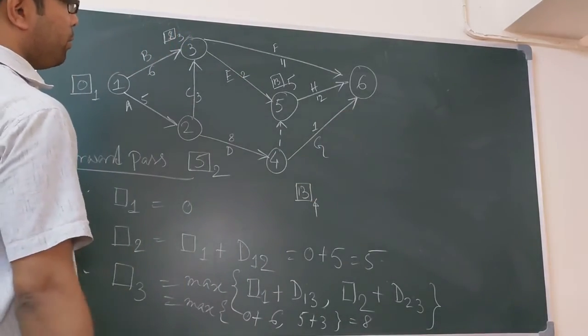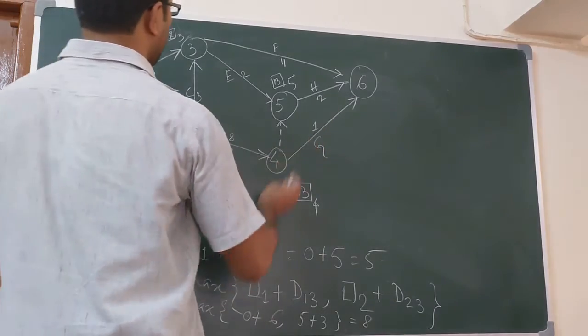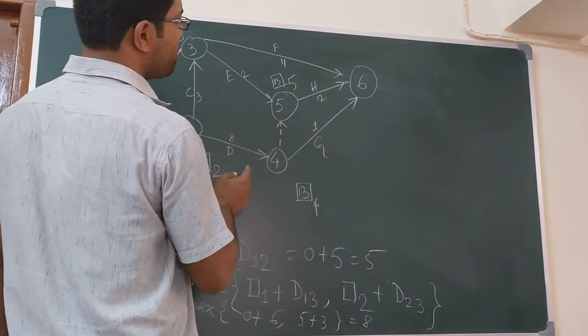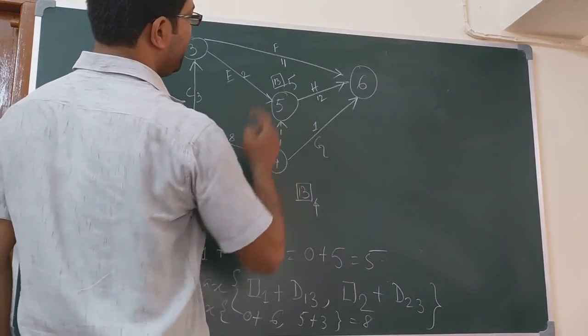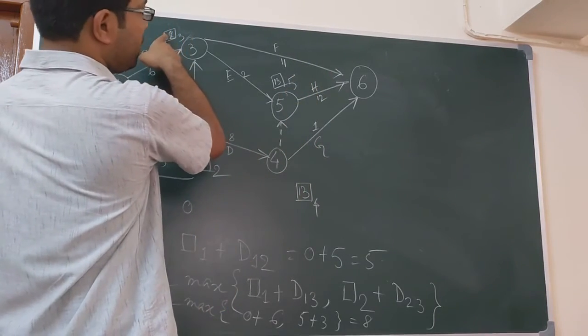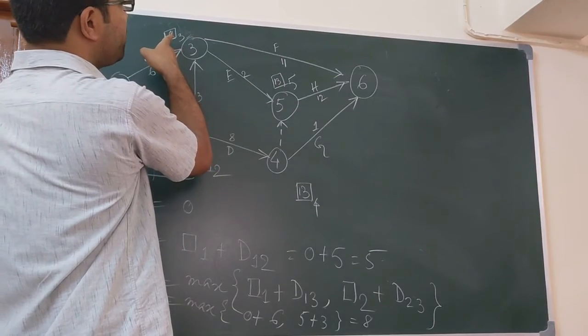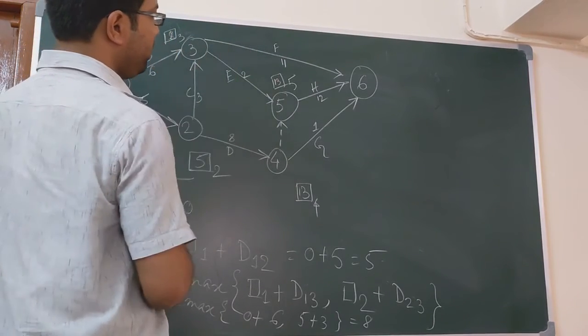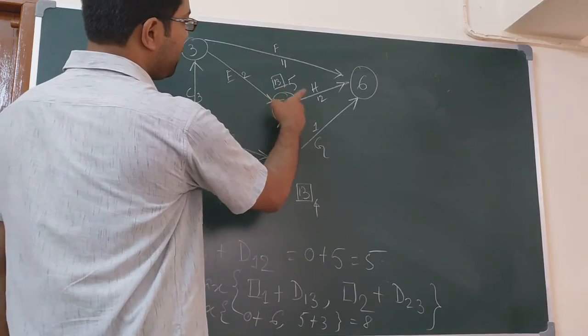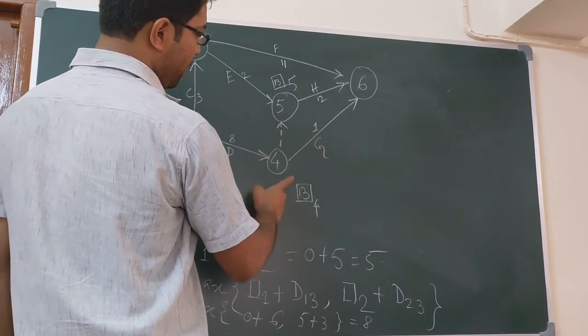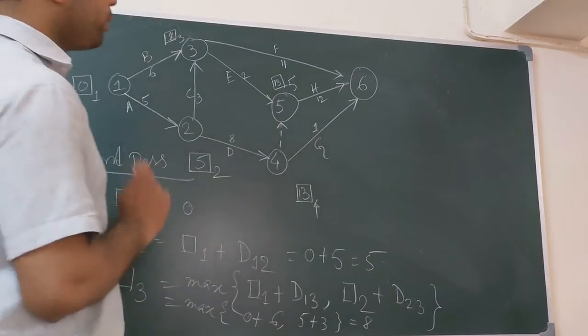How to compute this box 6? It has 3 incoming edges. So 8 plus 11, then 13 plus 12, then 13 plus 1. Which one is the maximum?